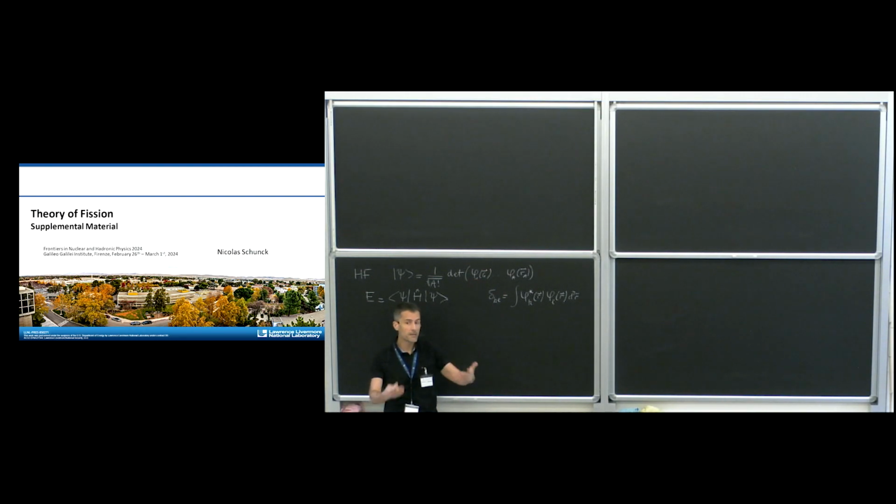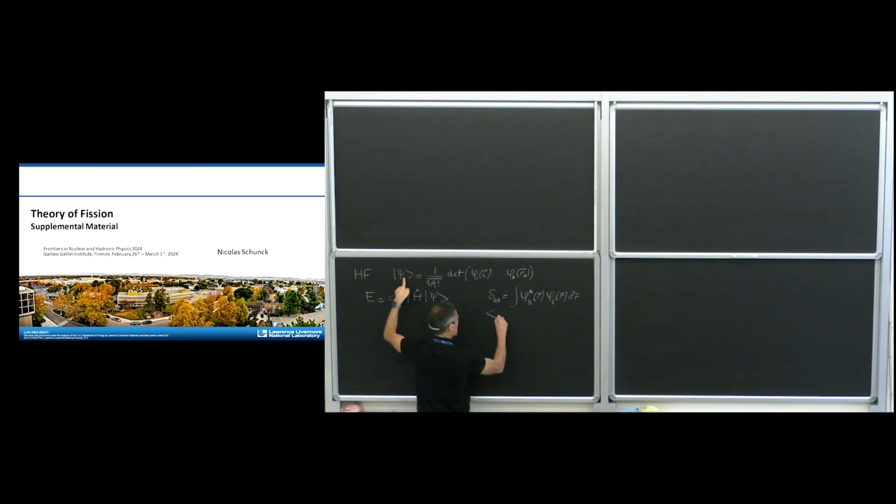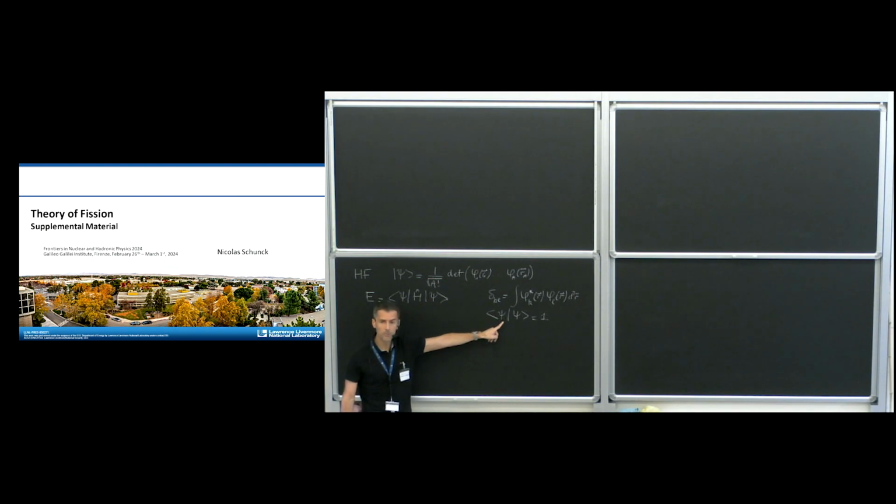They form a basis of the Hilbert space of single particle states. And if those wave functions are normalized, then this quantity here is also normalized, meaning that we have this property here. And the average energy on the Hartree-Fock state is simply going to be given by that. If the many-body wave function was not normalized, we would have to divide by the norm. But since it's equal to 1, we're good.